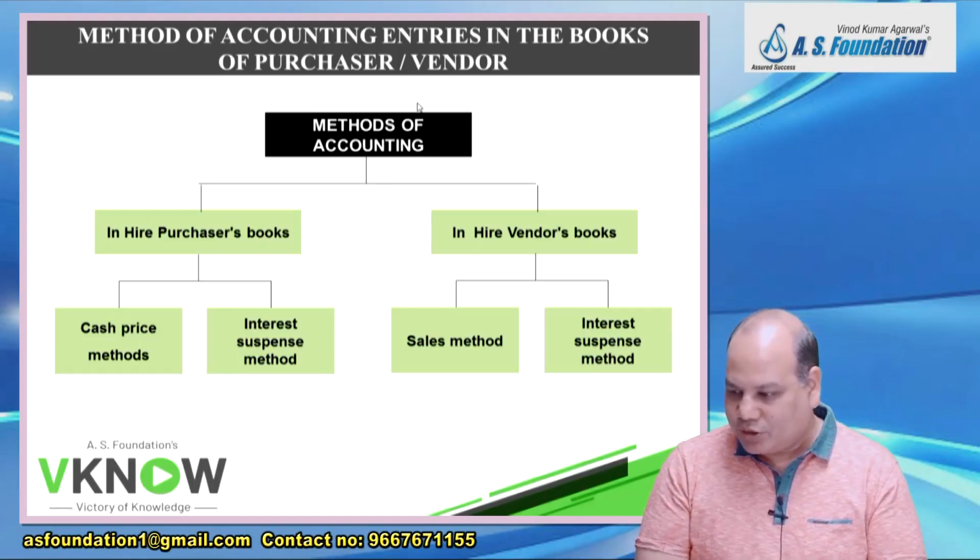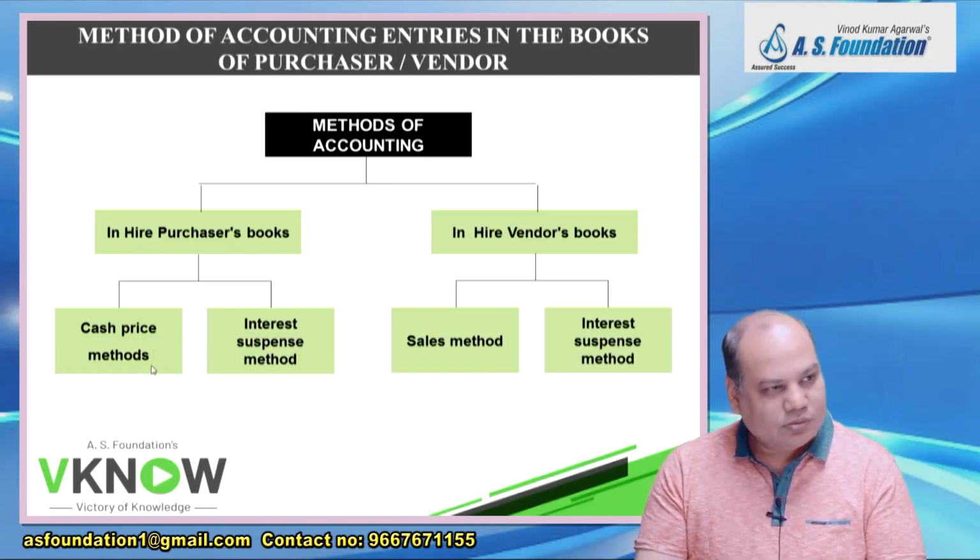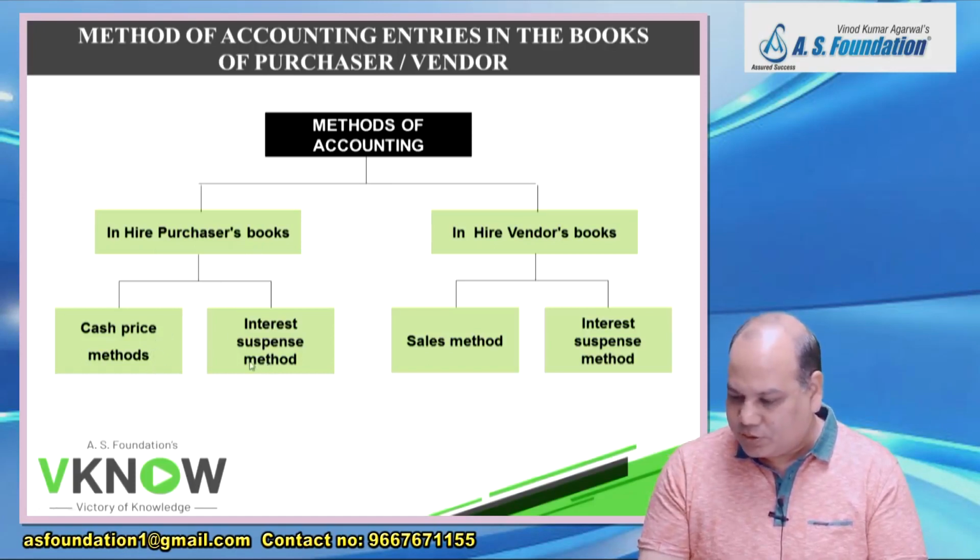Method of accounting. In the books of purchaser and vendor. So we will first learn in the hire purchaser's books. Two methods we will follow: cash price method, interest suspense method. Normally we will follow the cash price method mostly.